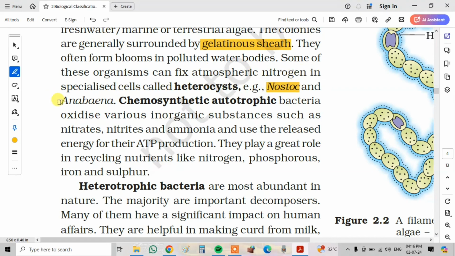Examples: Nostoc and Anabaena. The chemosynthetic autotrophic bacteria oxidize various inorganic substances such as nitrates, nitrites and ammonia, and use the released energy for ATP production. They play a great role in recycling nutrients like nitrogen, phosphorus, iron and sulfur.